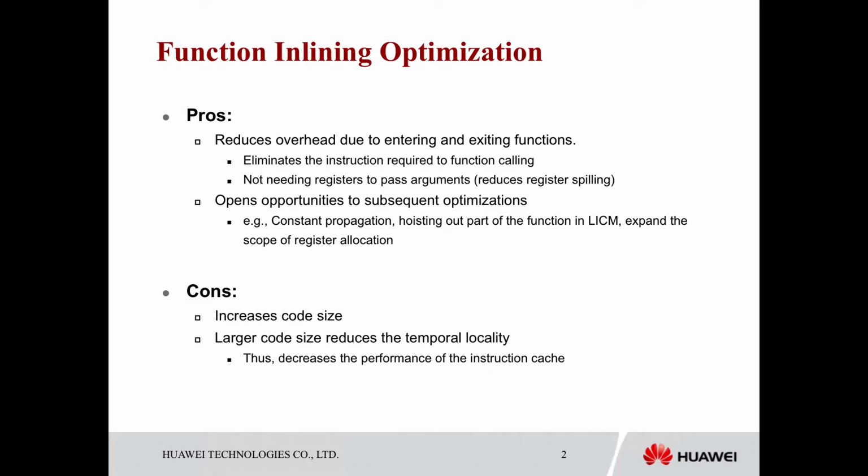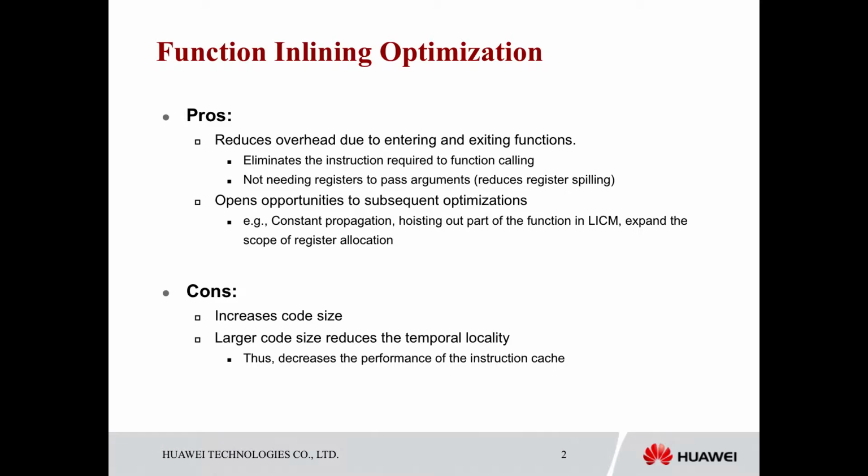So as you all know better than me, function inlining has both pros and cons. On the pro side, it reduces the overhead due to entering and exiting functions. At the same time, it eliminates the instructions required for function calling, and in certain cases it reduces register spilling.